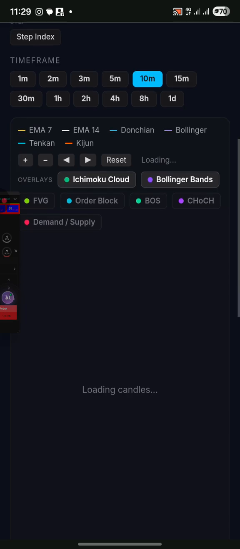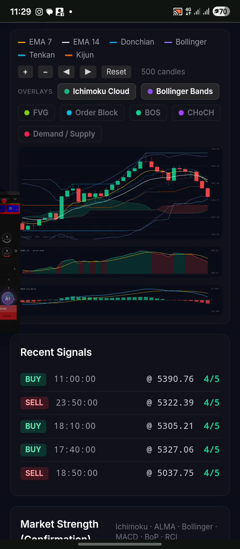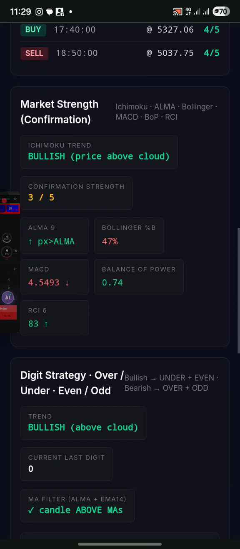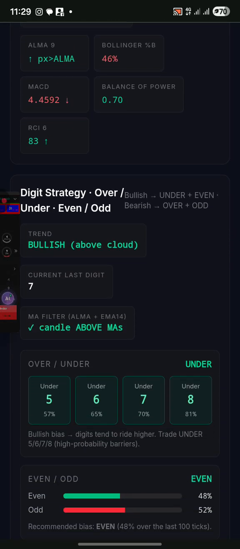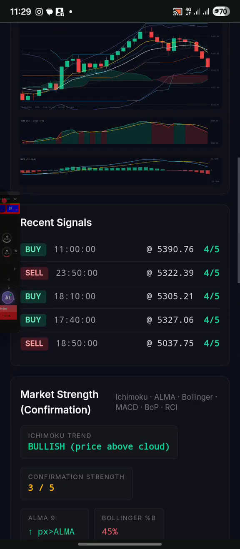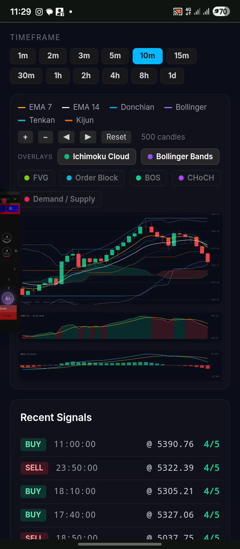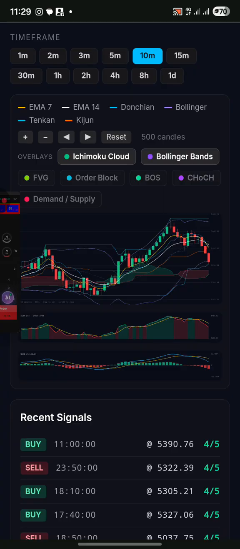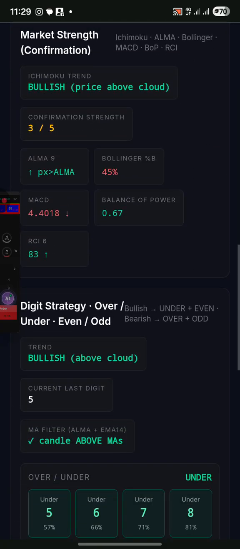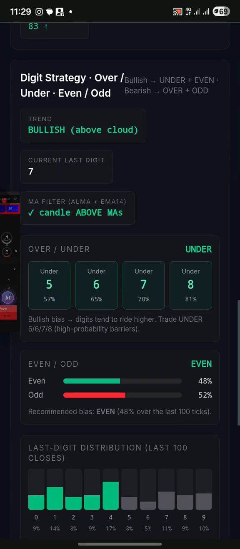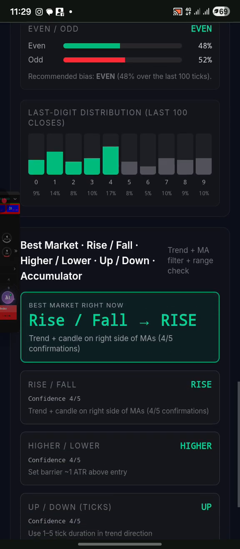So for the 75 index, this is a bullish price, whereby we have seen it has 81% above. But this is a market of an over market.